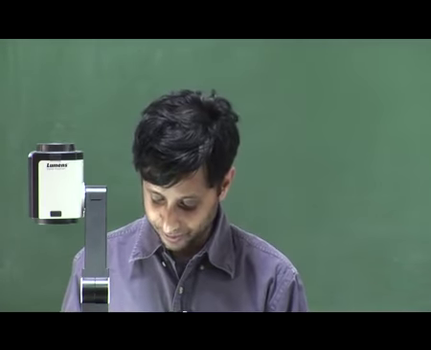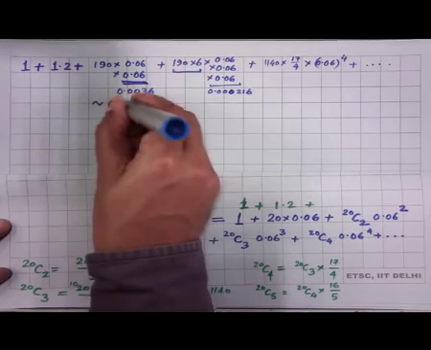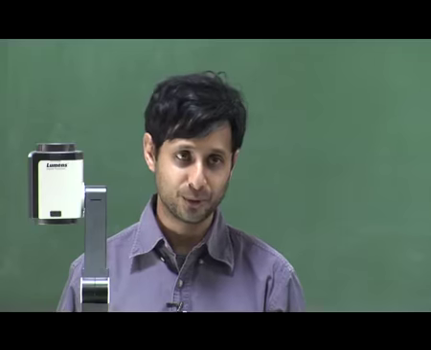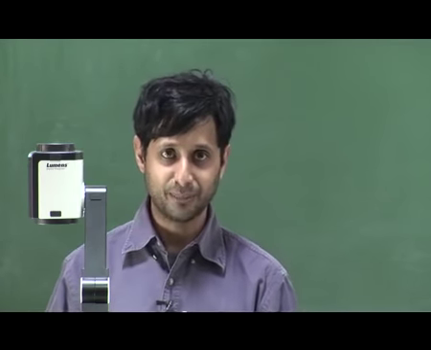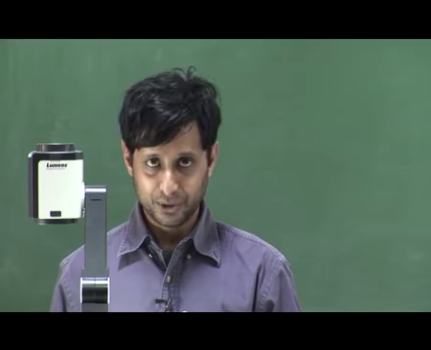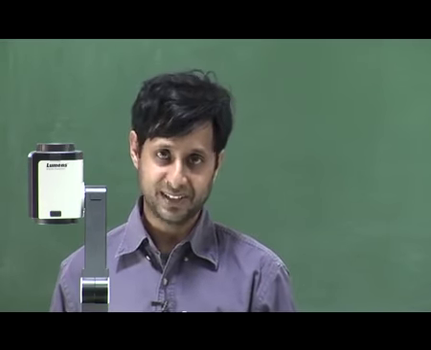So, this is approximately 0.7 something, 0.72. I do not have a calculator on me, I just want to get an idea of what the number is going to look like. So, it is something like 0.7.